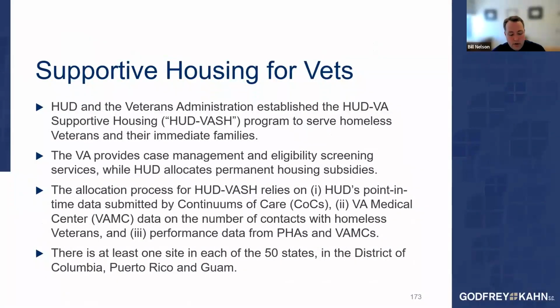All right, so the third and last supportive housing program we're going to discuss is HUD-VA, often called the HUD-VASH program, which serves homeless veterans and their families. The idea here, as is the case with these other supportive programs, is to provide funding for housing and to provide on-site services to tenants to address particular needs.